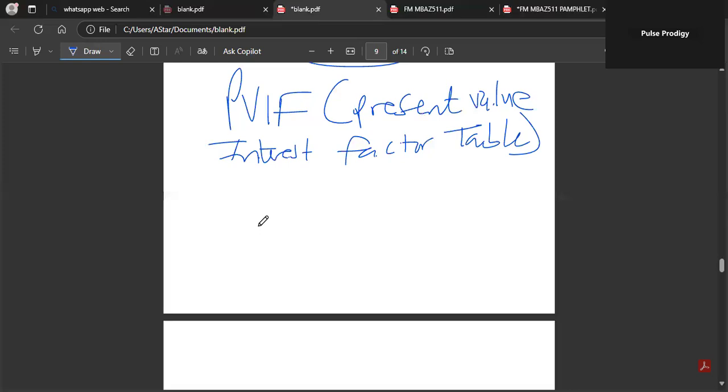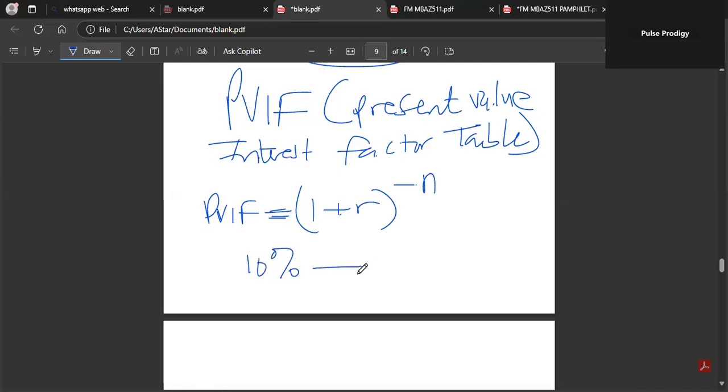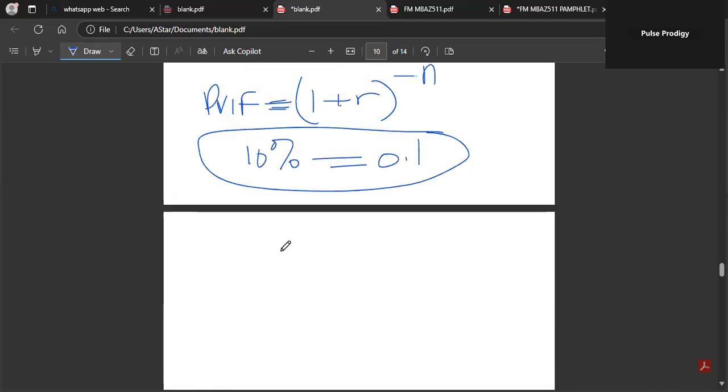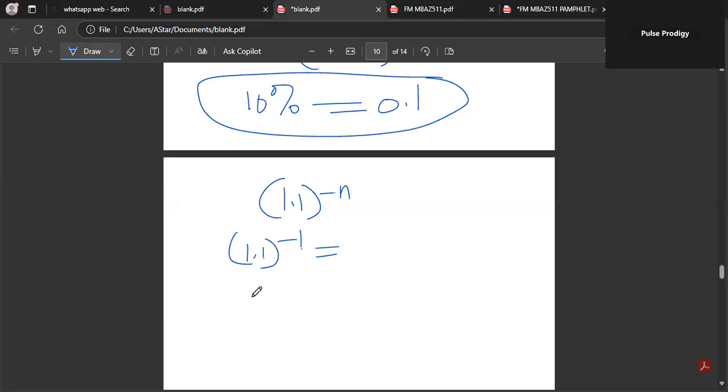The PVIF simply means 1 plus R to the power negative N. So 10% simply means 0.1, and it is 1.1 to the power negative N, where N can be any number. So you can say 1.1 to the power negative 1, 1.1 to the power negative 2, 1.1 to the power negative 3, 1.1 to the power negative 4.